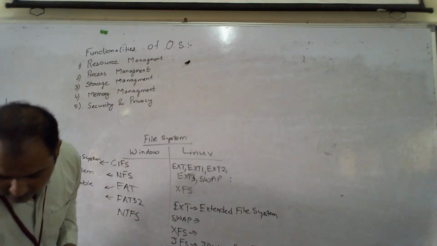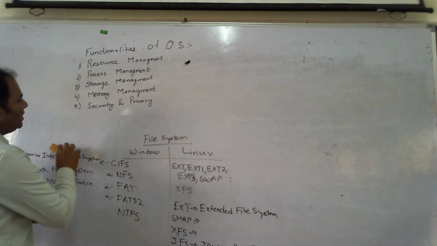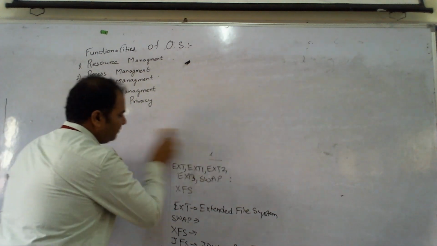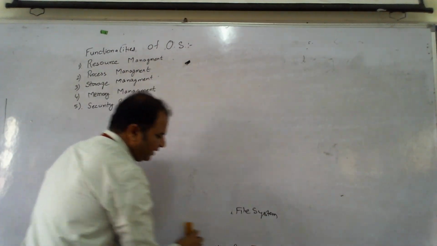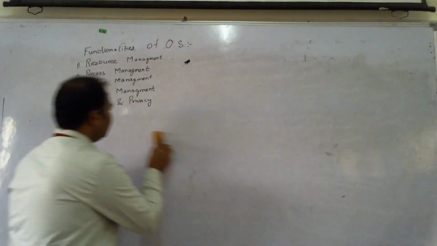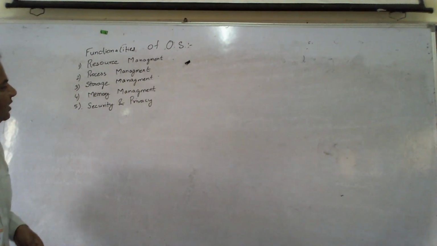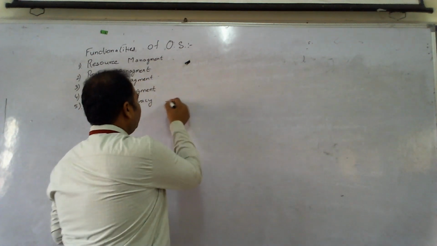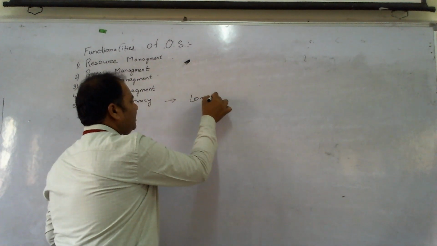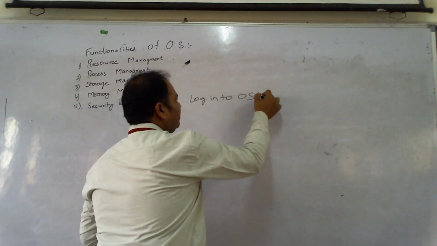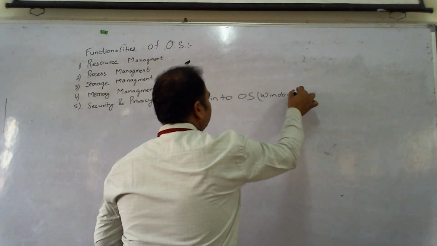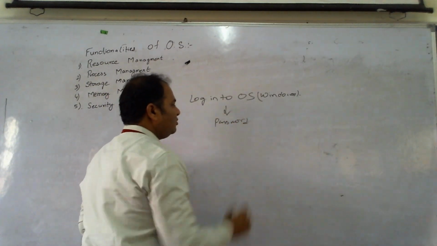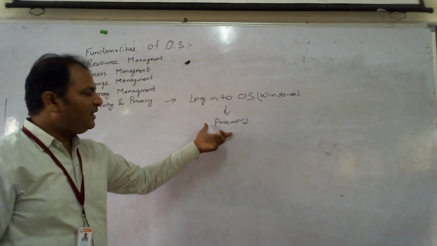The next one is security and privacy. The main and very important point is how secure our system is. When we log into an operating system like Windows, we need a password.